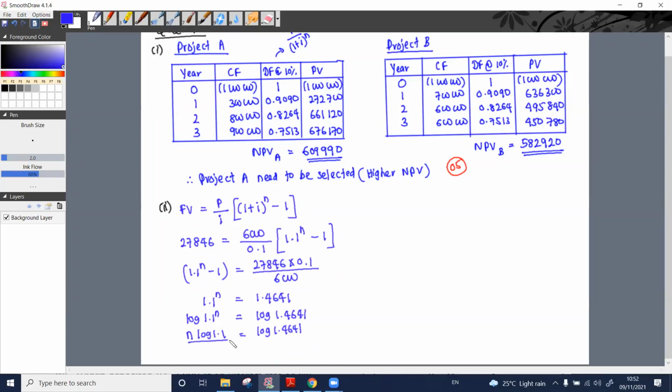Then divide both sides by log of 1.1. So log 1.1 and log 1.1 will get cancelled. Therefore, what should be the value of n?